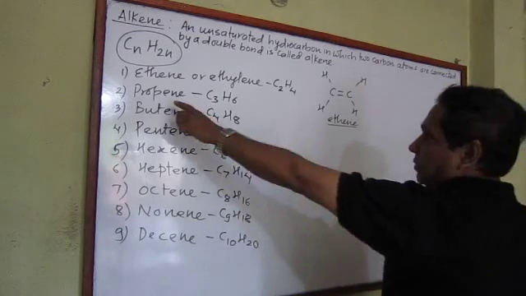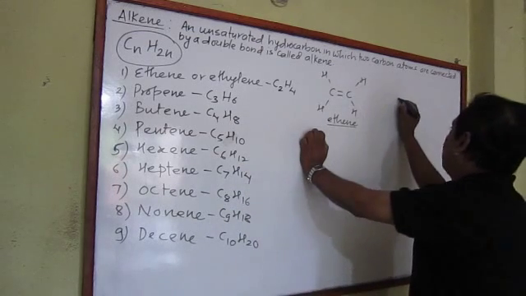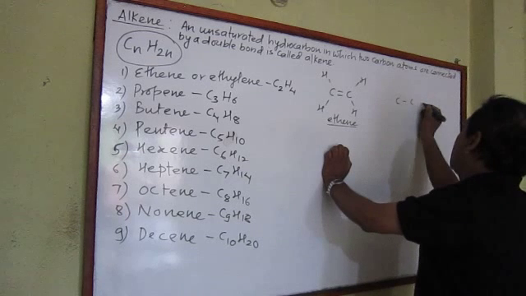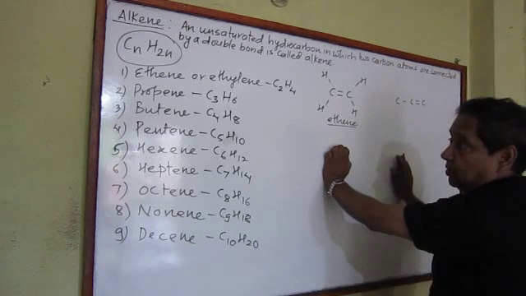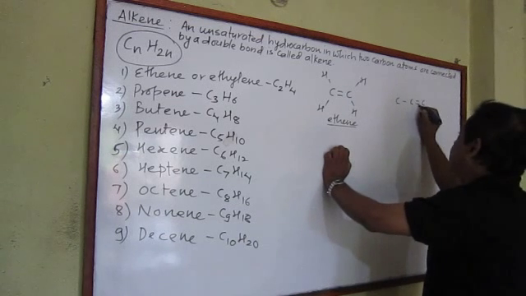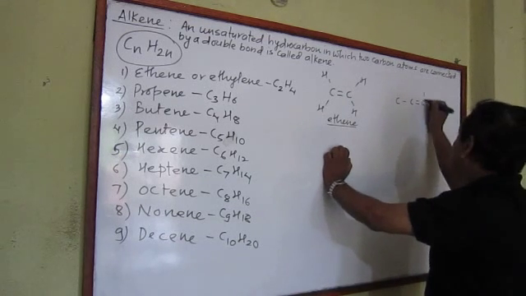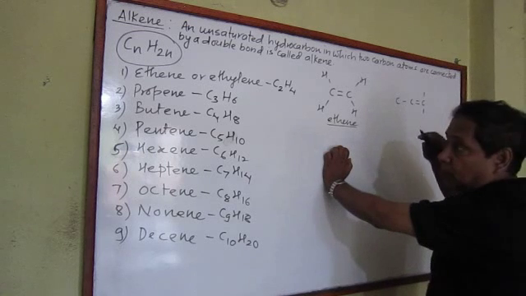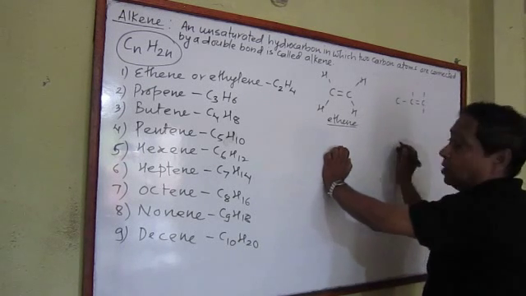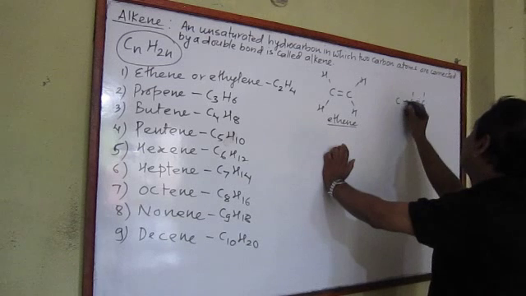Now next, propene. In propene, there are 3 carbon atoms, and they are connected this way. There is a double bond between 2 carbon atoms, not between all the carbon atoms, and this carbon has got 2 bonds. That's why I have to add 2 more bonds, and this carbon atom has 3 bonds. That's why I have to add only 1 bond to it, and then it becomes 4.